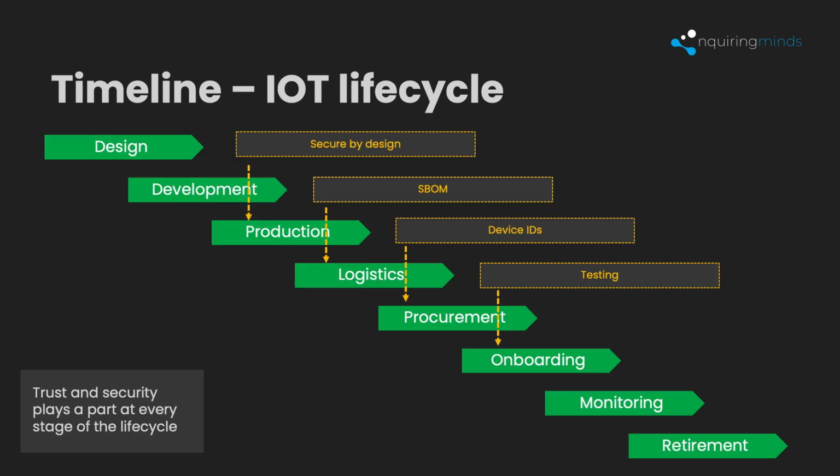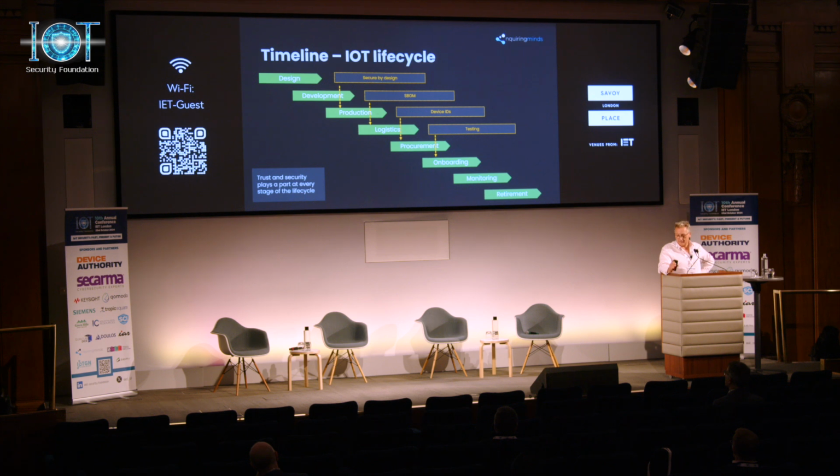The other big picture thing I wanted to discuss was the full IoT life cycle. Similar versions of this slide have already come up in the keynote and subsequent talks, and it's reinforcing one essential point: the trust problem, the security problem, is a full life cycle issue.